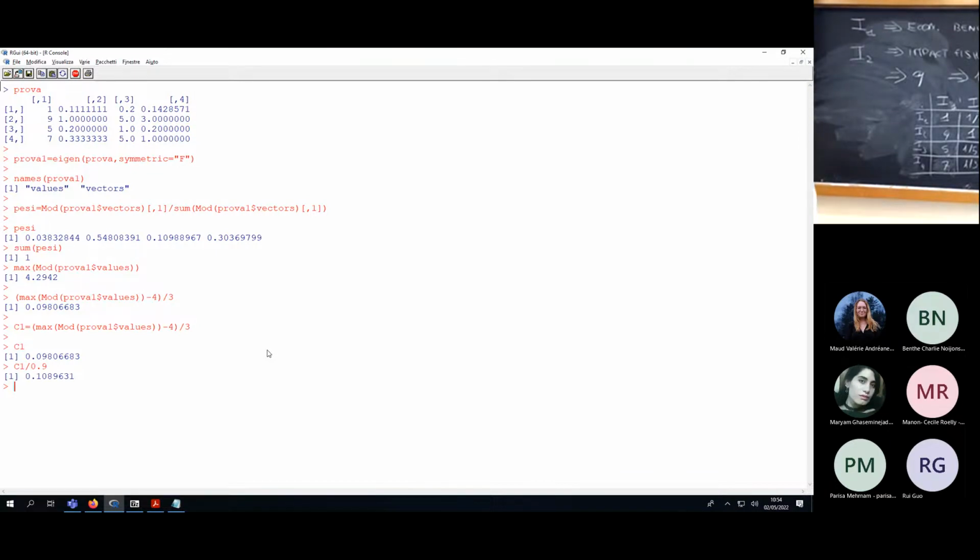And so let me go to the weights, PESI. Very good. And then what I have to do is to compute this sum. Let me see if I am correct. Sum U80 times PESI.